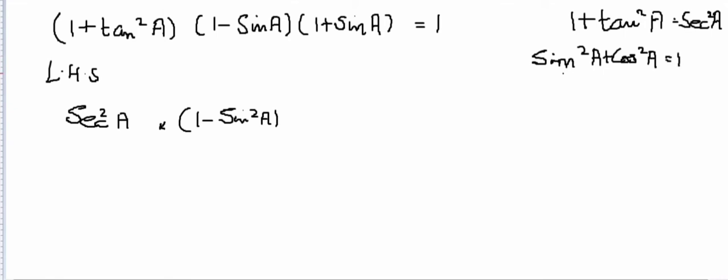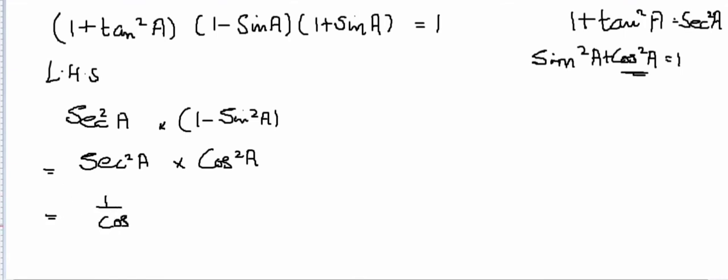So 1 minus sin square A will be only cos square A. So here I can write sec square A times cos square A. Now we know that they are reciprocals of each other. So sec square A, I can write as 1 upon cos square A, times cos square A.